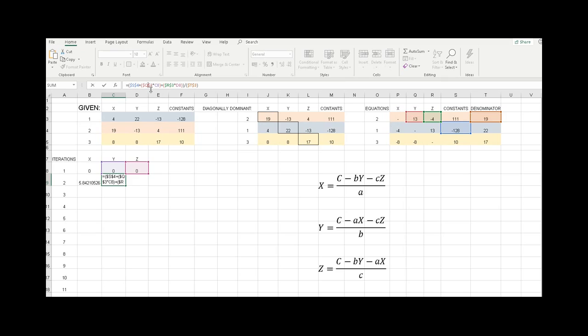So we need to change this to P4 multiplied by the X value, which is our guess right here in B8. Plus CZ. Now what is C? C is R4.